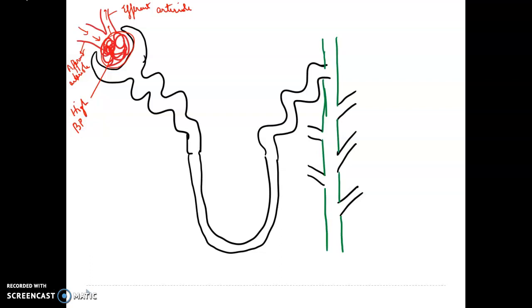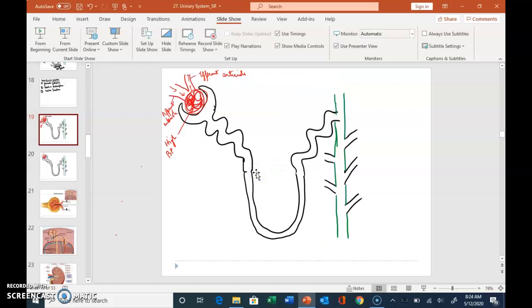So due to that, in the glomerulus, there is always high blood pressure. And due to this high blood pressure, listen very carefully.